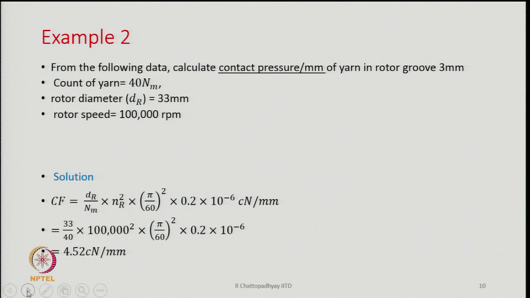So, from the formula which you already know, we straightaway substitute the values of count of yarn, the diameter and the rotor speed, and we get an idea of how much force is acting per millimeter of fiber in the rotor groove. Typically, it is 4.5 centinewton per millimeter.